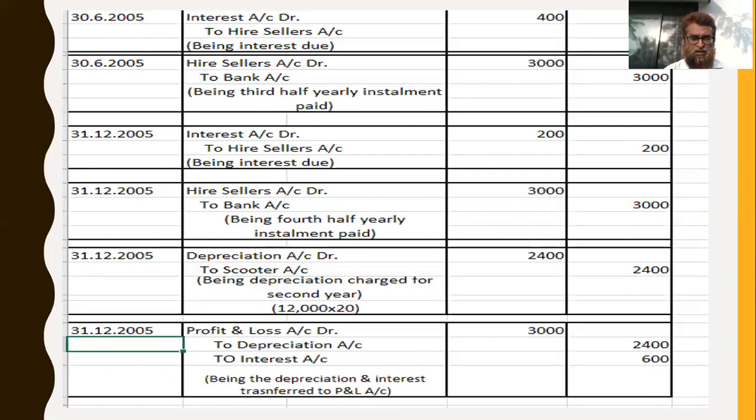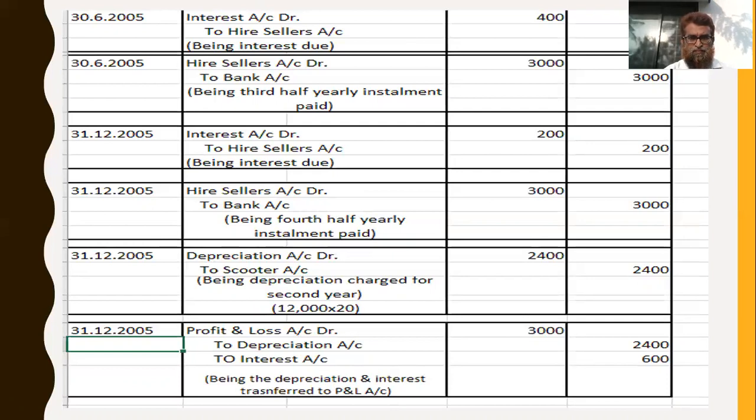And third journal entry is at the end of the second year. Depreciation account debit to scooter account, straight line method, the depreciation amount is same as the first year, rupees 2,400.